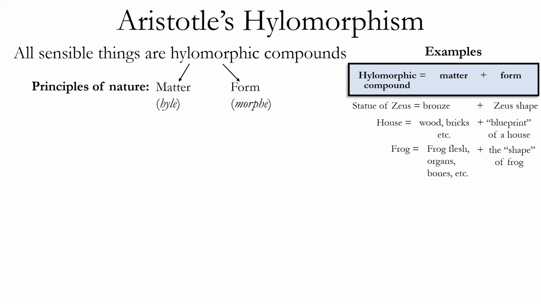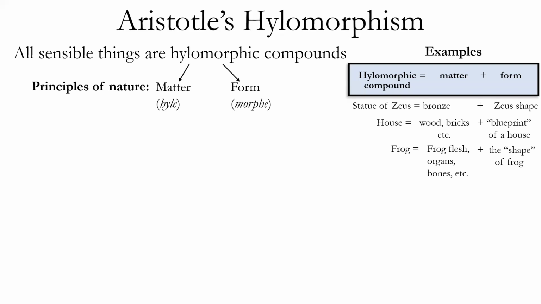More generally, when you're thinking of the matter of a thing, Aristotle would say it's what a thing comes out of, is made out of, is generated out of. Out of is a kind of key for isolating the matter of a hylomorphic compound. So a frog, in some sense, is made out of flesh and organs and bones and so on, right?